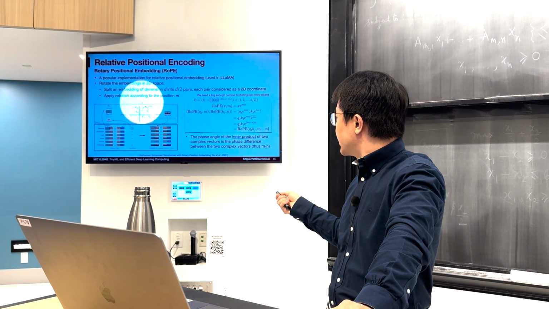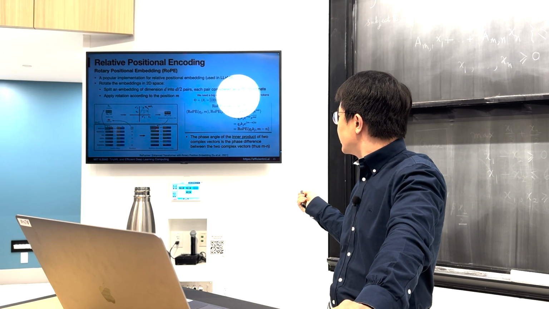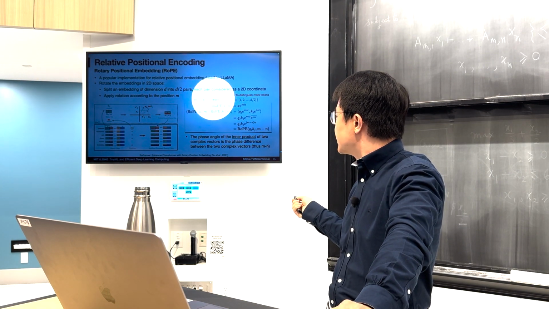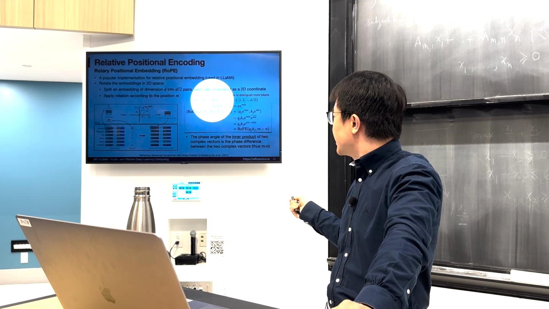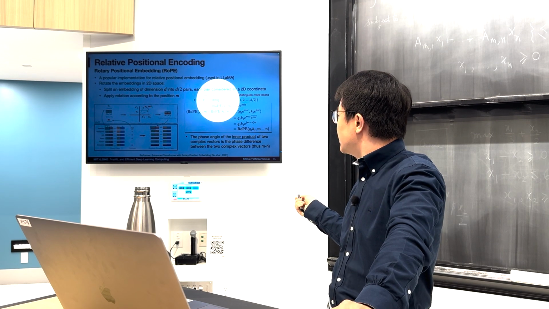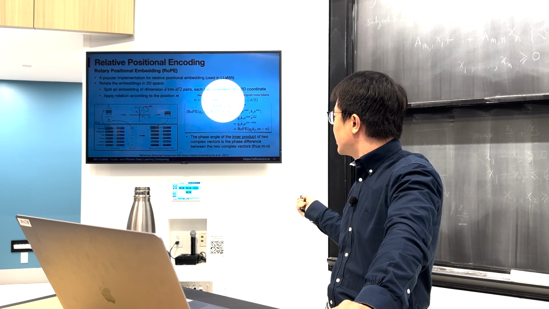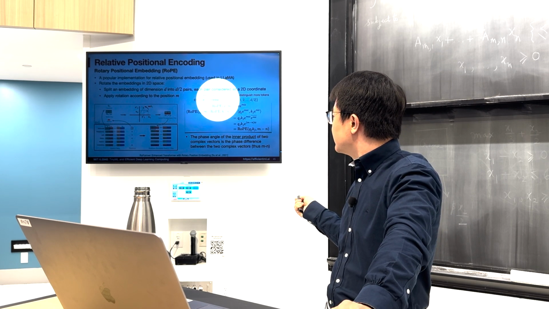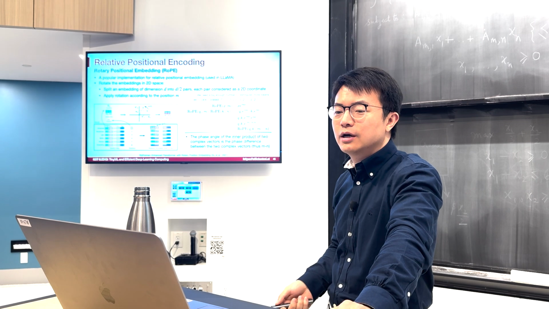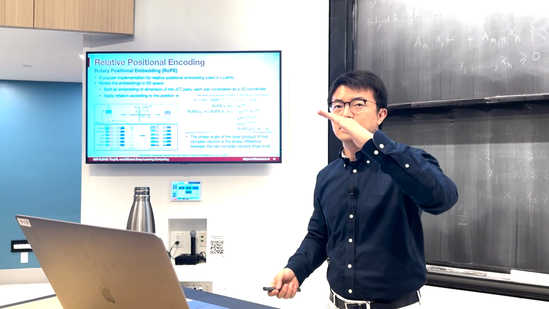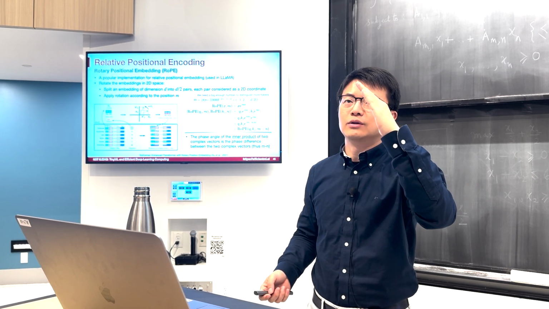So here we need a pretty big number to distinguish different tokens. The theta representation is 10,000 to the power of minus (2i minus 1) divided by d, where d is the hidden dimension. Why do we need a pretty big number? Each time we rotate, we want to rotate a pretty small value.